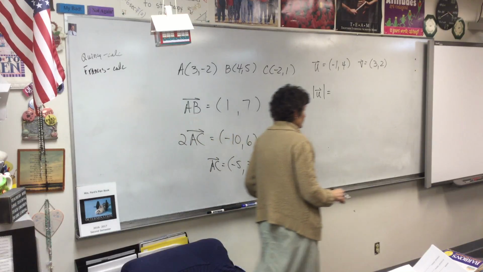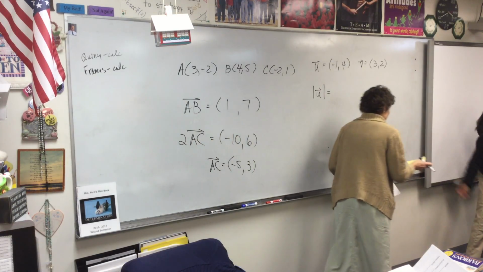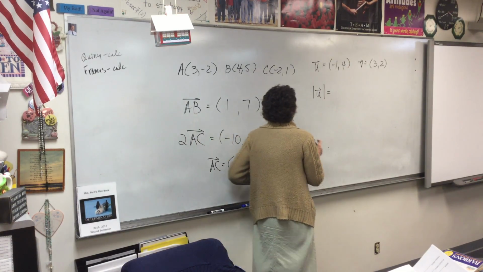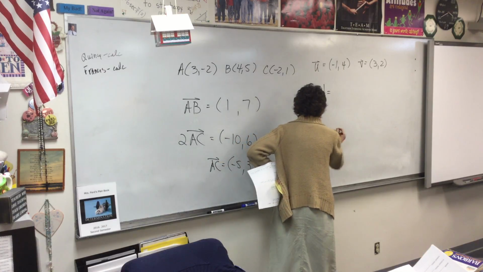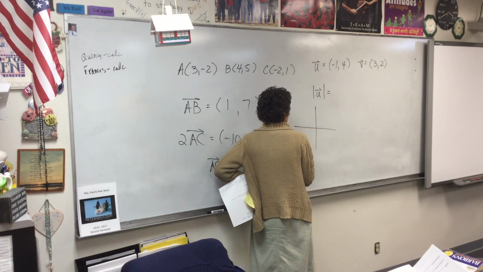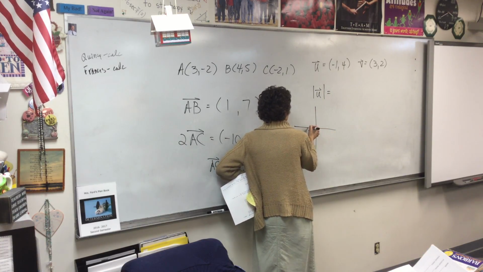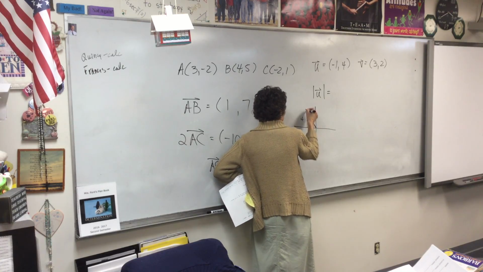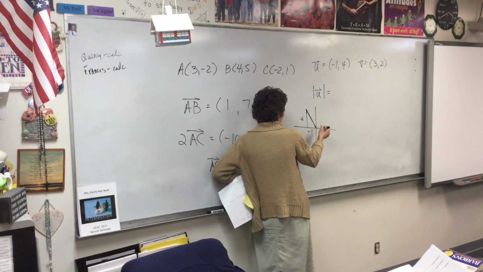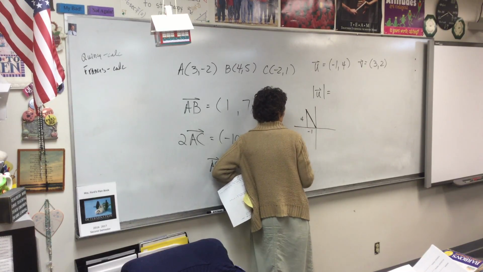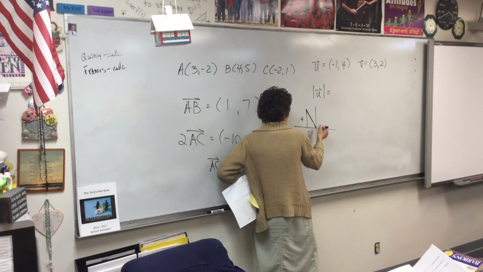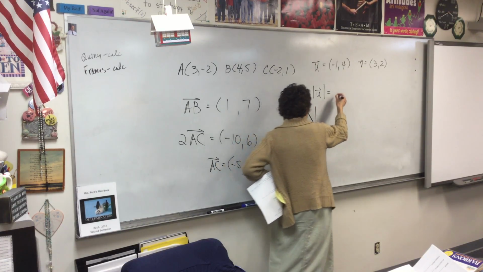Remember, magnitude means, if we draw a picture, we're going to go left 1 and up 4. So this vector is going to look like this. Right here's the vector. Left 1, up 4. Vector U. So how long is it? Do the Pythagorean theorem. How long is it?